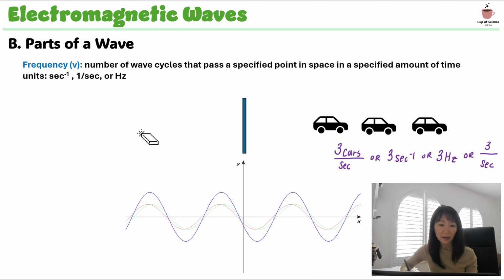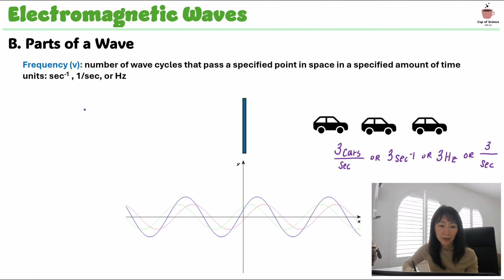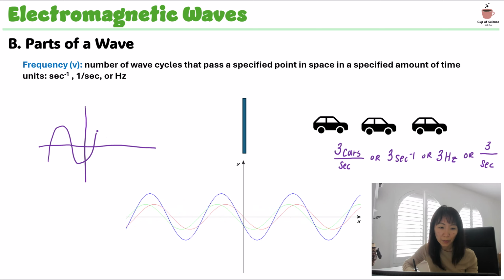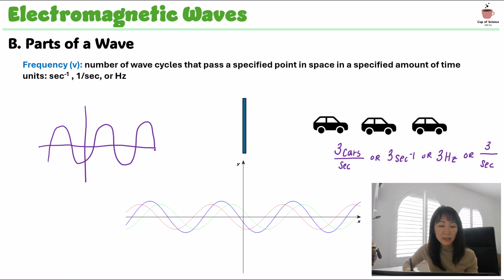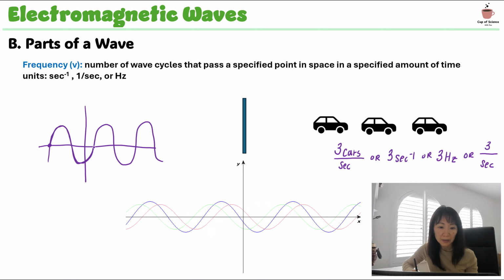If I have a graph like this, one cycle of a wave would be this point, going up and down, and then back to here. This is one wave.